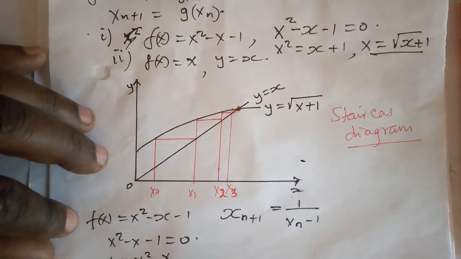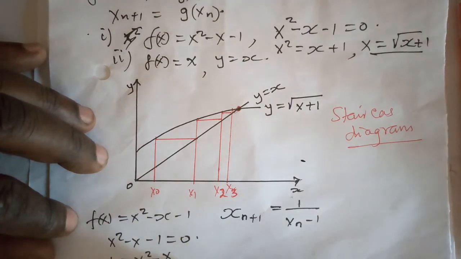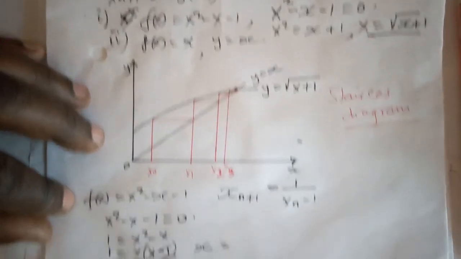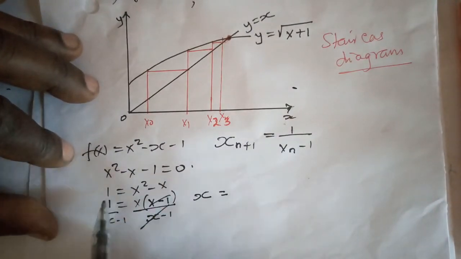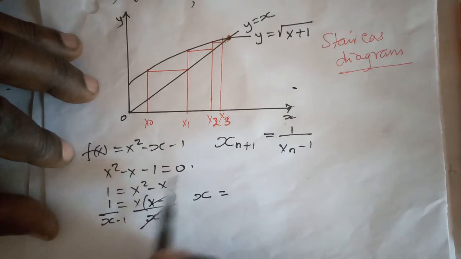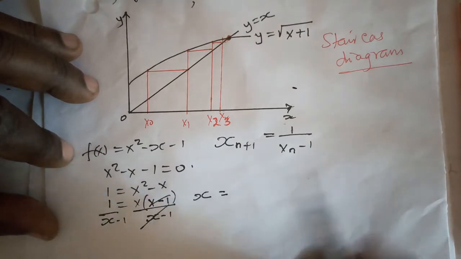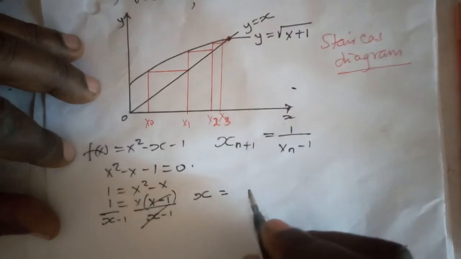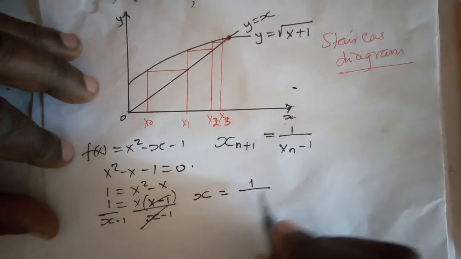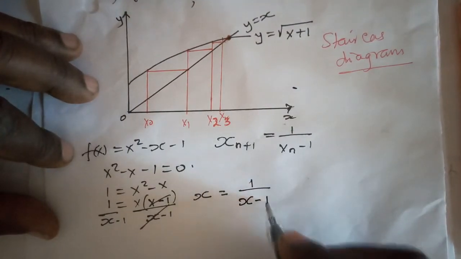And of course, if you divide both sides by x minus 1, you find that this x is going to be 1 over x minus 1.